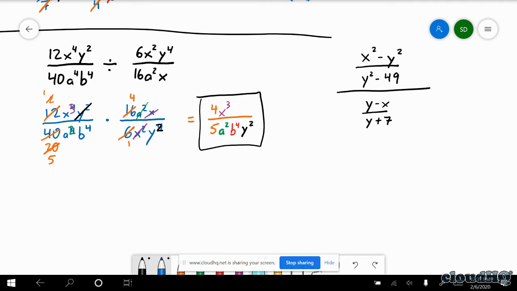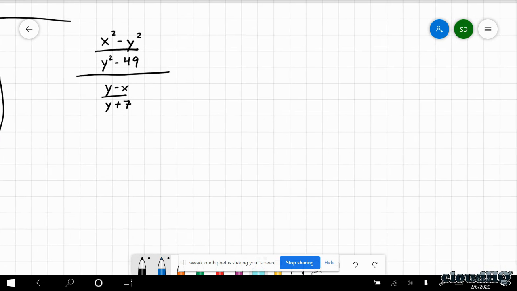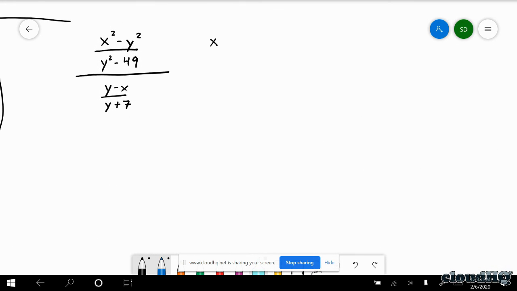We would call this a complex fraction. There's a fraction inside of a fraction. It's a complex fraction. So what I might be tempted to do first is make it not a complex fraction. Make sure you understand that those mean the same thing.